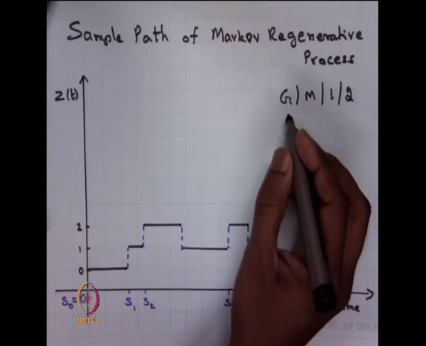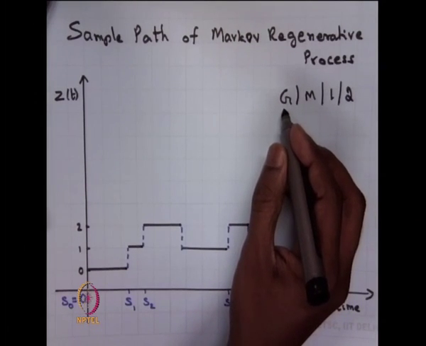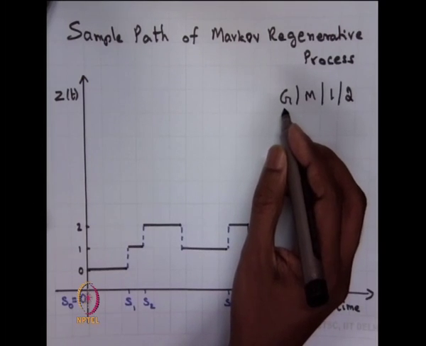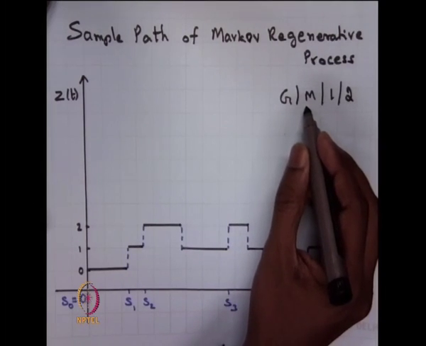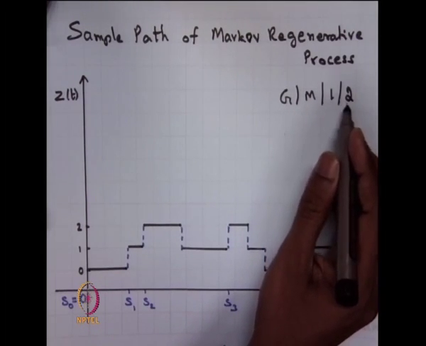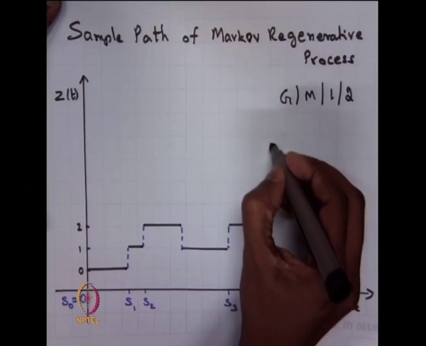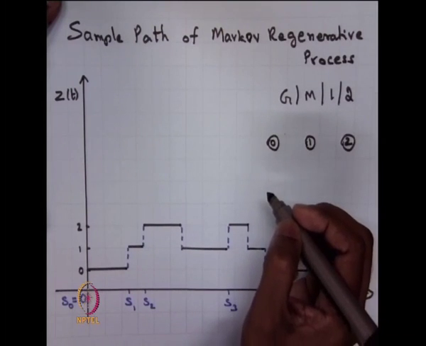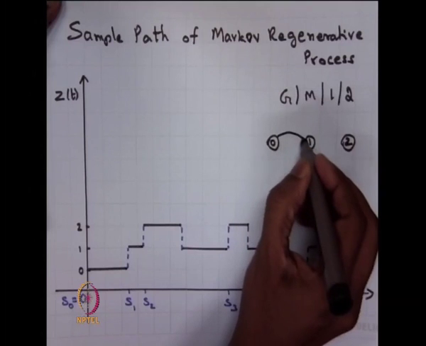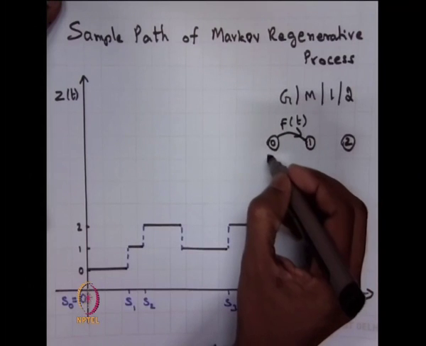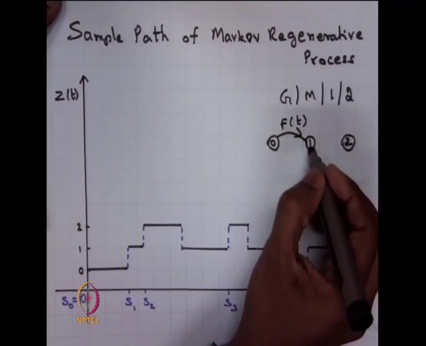That means the arrival is a non-Poisson process, so the inter-arrival time distributions are not exponential, whereas the service times are exponentially distributed. There is only one server and the capacity of the system is 2. Therefore, the state transition diagram is like this. This is the CDF of the time the system spends in state 0 before moving into state 1.